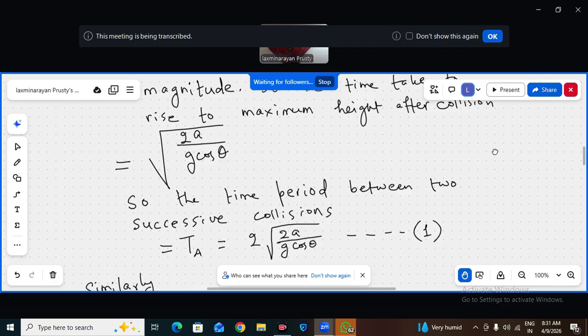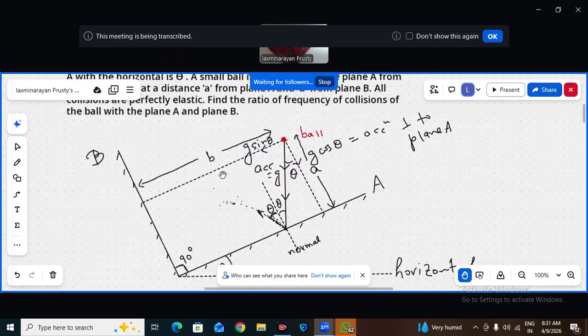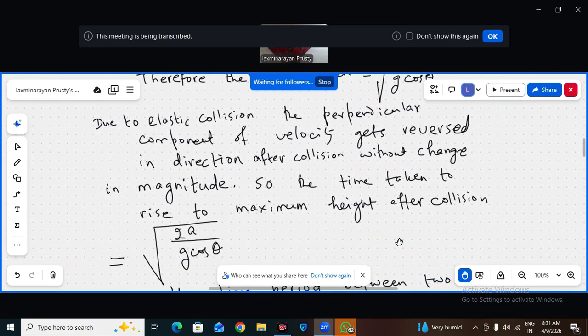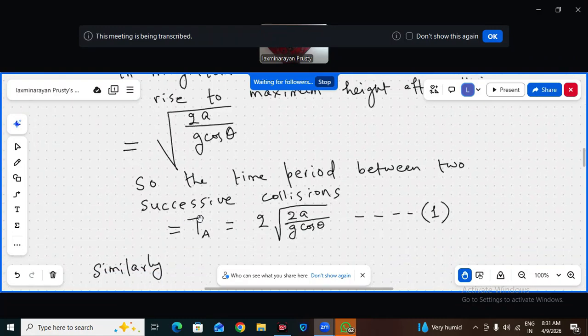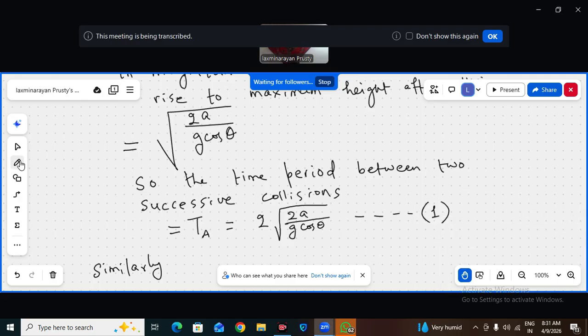The time period between two successive collisions is twice this time. So it is equal to TA, 2 into root of 2A by g cos theta. This is the time period between two successive collisions with plane A. Yes or no?